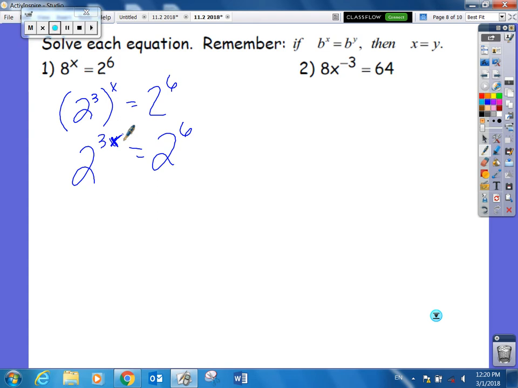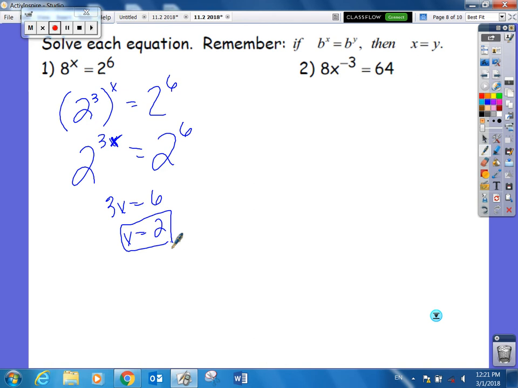If this is equal and these two numbers are the same, that means those two exponents have to be the same. So what value of x makes those two sides equal? 2. And if you have two bases that are the same, you just set their exponents equal to each other. 3x equals 6, and you can just say 2.